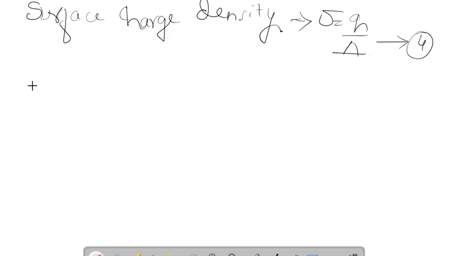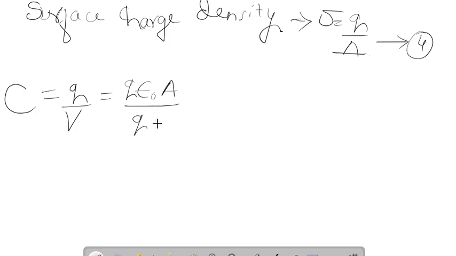Therefore, the capacitance of the capacitor is equal to Q by V. If you substitute all the values, we will write C is equal to epsilon naught into A, because here Q and Q will get cancelled.